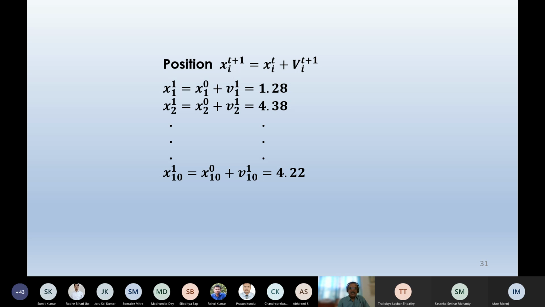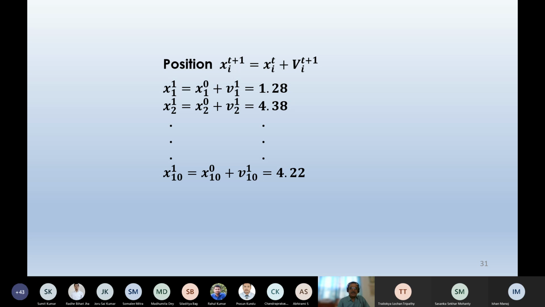That is x_i(t+1) equals x_i(t) plus v_i(t+1). X1 with respect to 1 is nothing but X1 0 plus V1 with respect to 1.